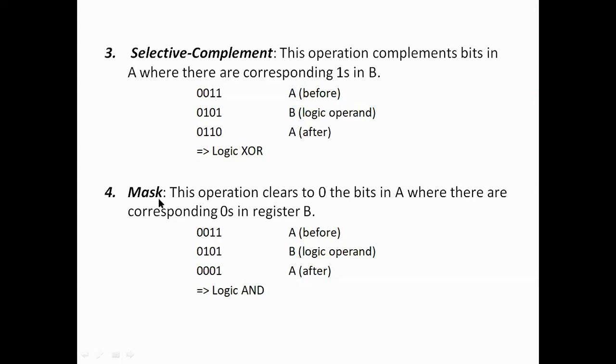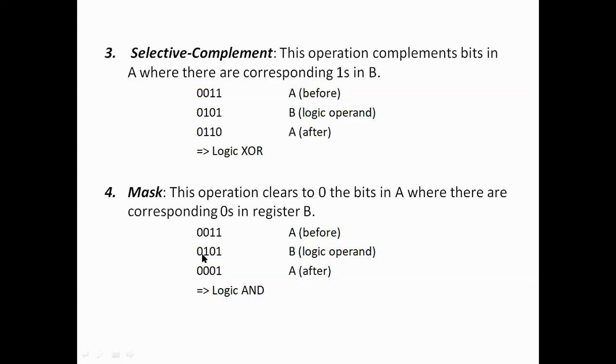The fourth operation is mask. This operation clears to 0 the bits in A wherever there is 0 in B. So it is a clear thing. It is the same as the selective clear, but the condition is different: whenever there is 0 in B, the bits of A are to be cleared.